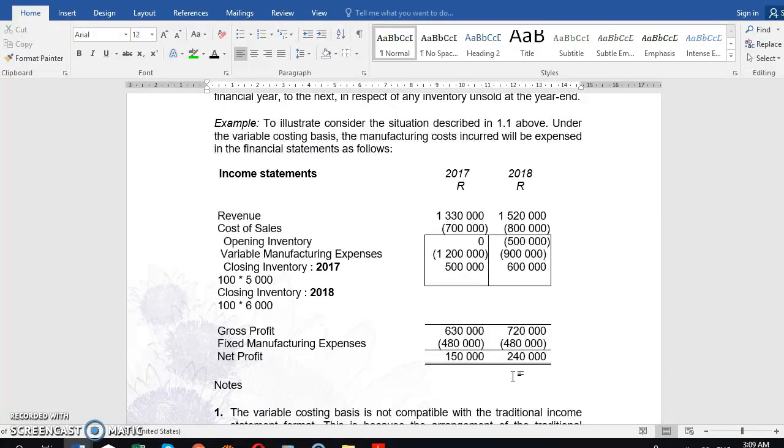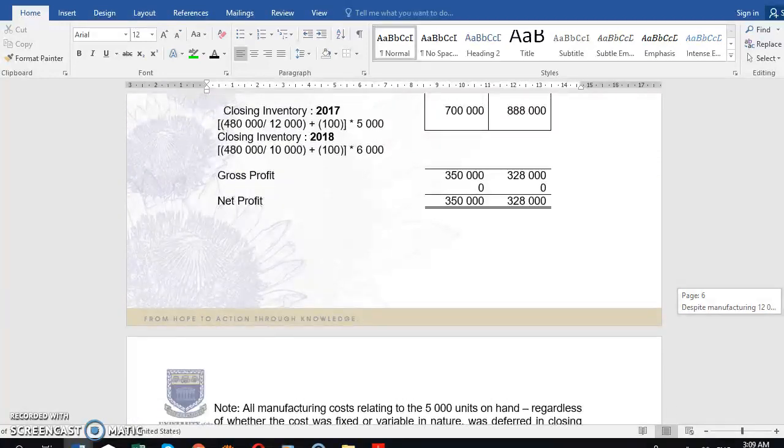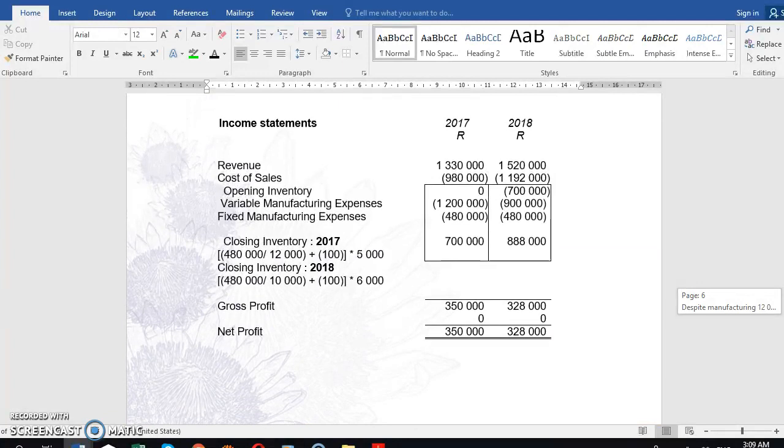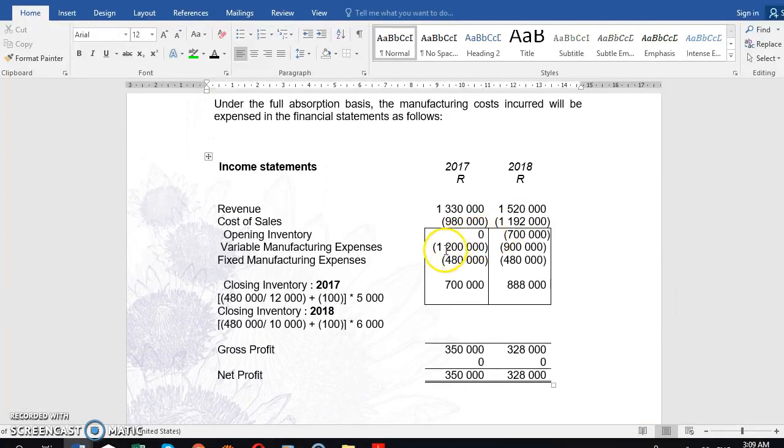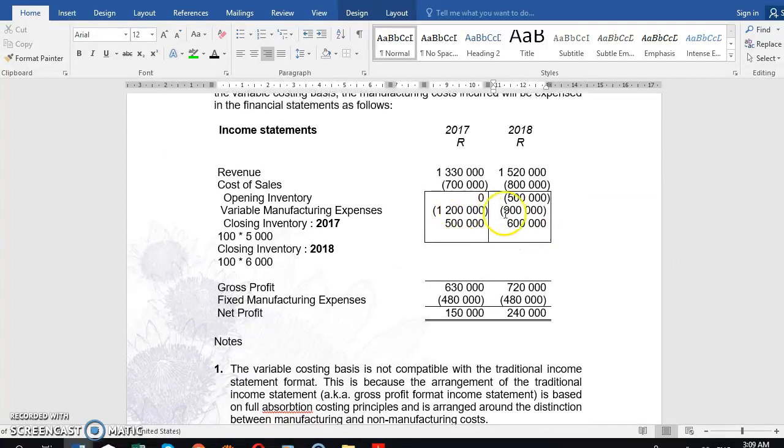Okay, so quick recap. You'll see the key difference in these two examples. The cost of sales is the same under both methods. You can see that the opening inventory differs. It was 700,000 under absorption.